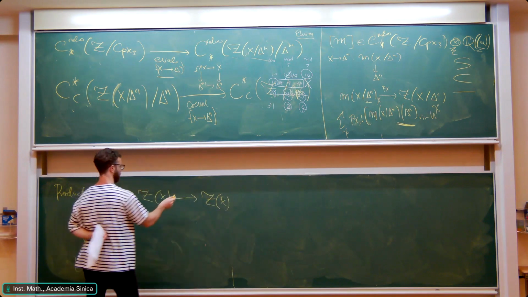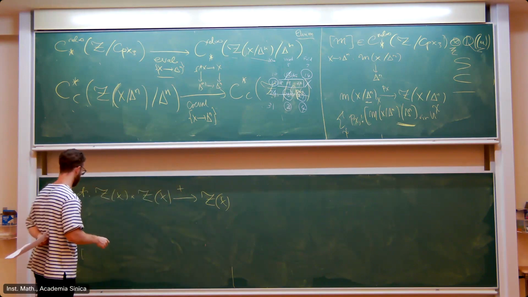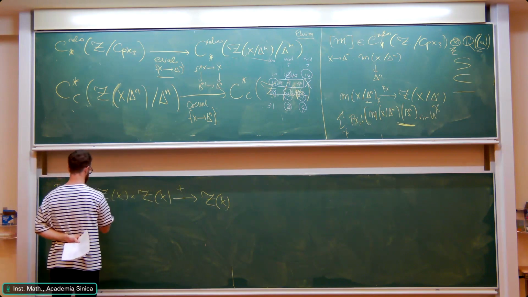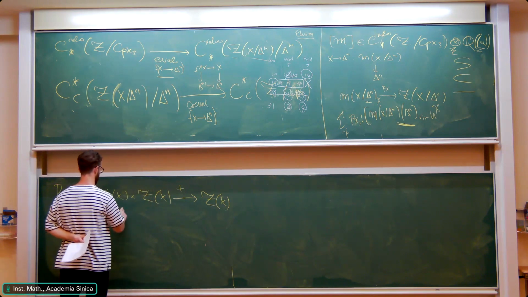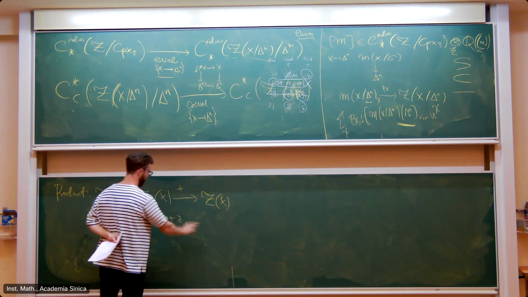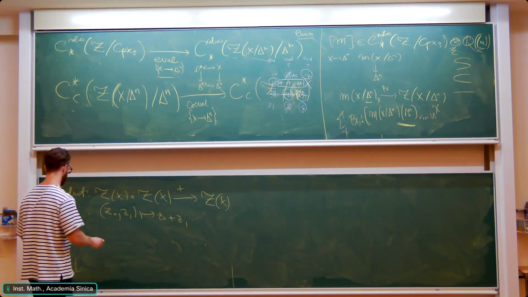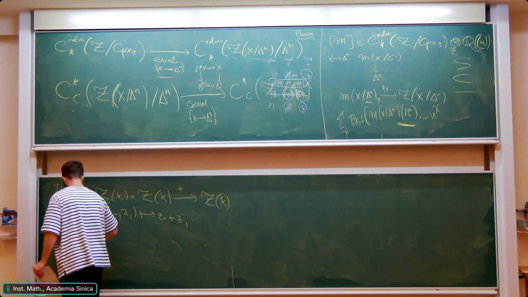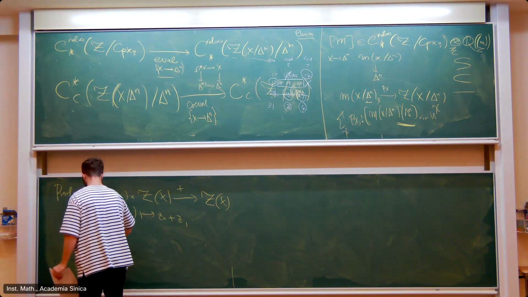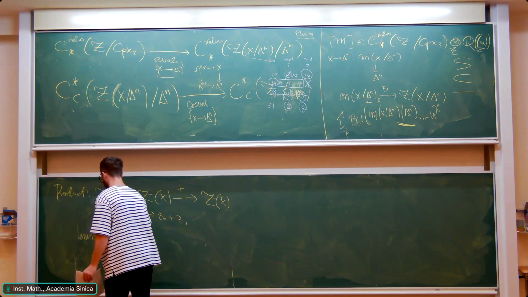We plot the sum, which is just the sum of sums: 0 plus C1. This means exactly what it means. And there's a lemma: the plus is proper.